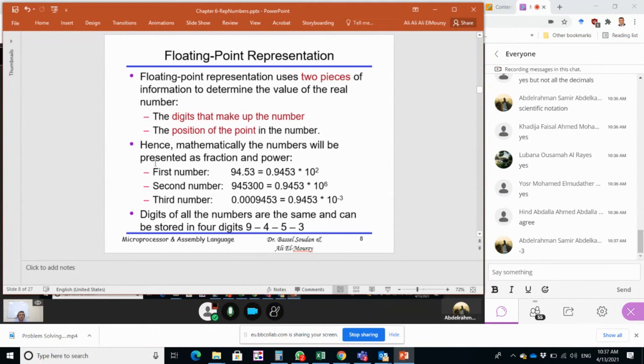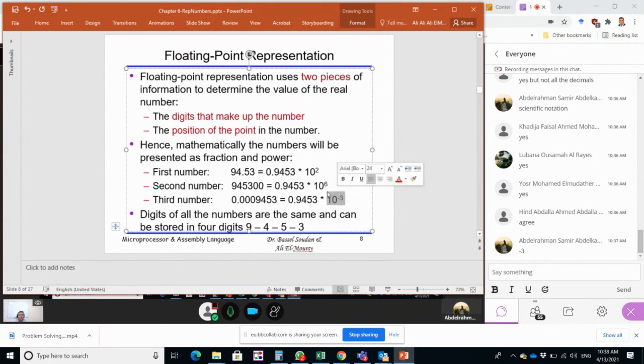Now, actually representing those numbers needs only to store the real meat of the number, which is the 9453, assuming the decimal point is at the most left of the number. ايه رأيكم كده؟ تمام؟ But in order to fully have the exact same value of the number, instead of storing 10 to the power, all I have to store is the powers of the 10.